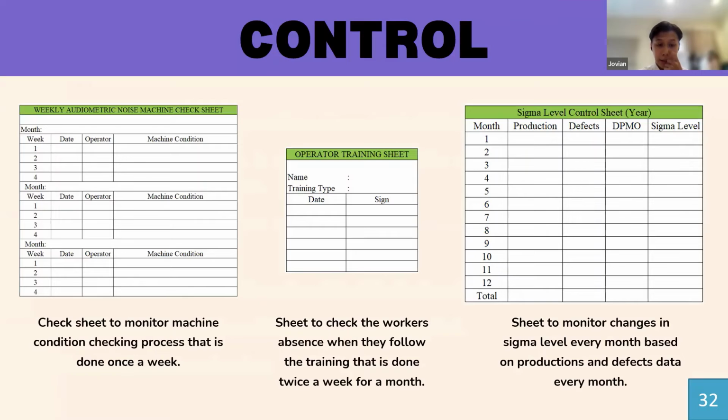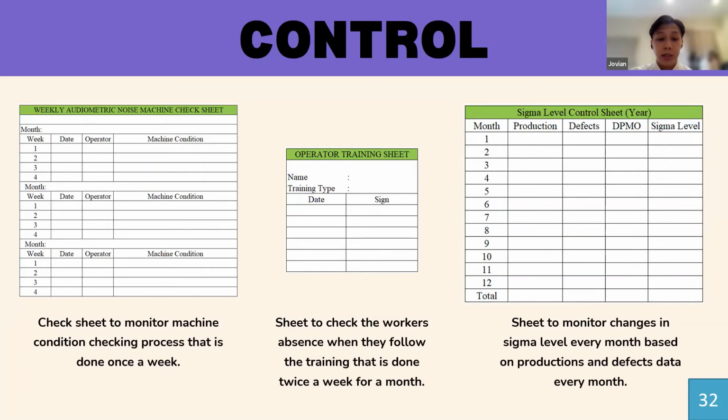And the last one is the control stage. There are 3 tools used to monitor the implementation. The first one is the weekly audio noise machine check sheet, used to monitor machine checking that is done once a week. The second one is the operator training sheet, used to check the workers' attendance when they follow the training, which is done twice a week for a month.